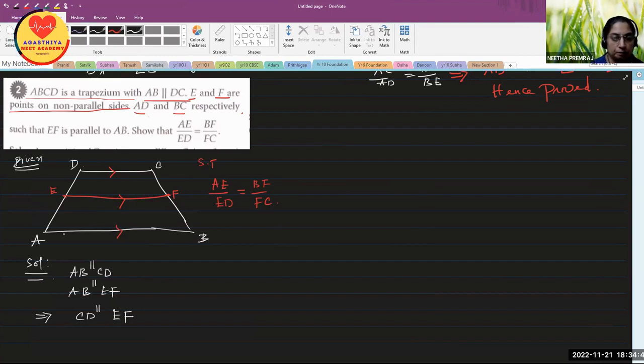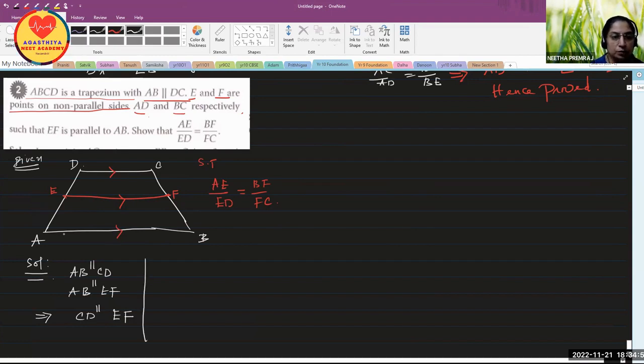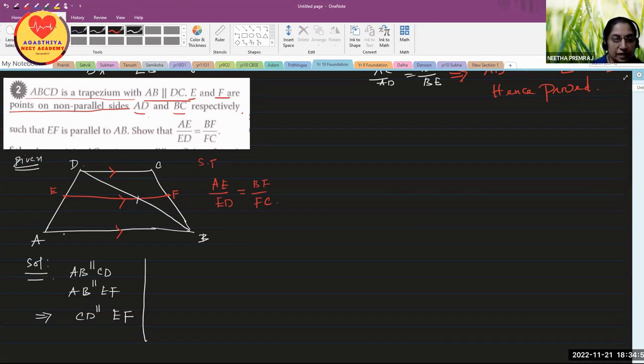Now what I do, I draw a diagonal BD. It intersects EF at O. Draw BD, it cuts EF at O.